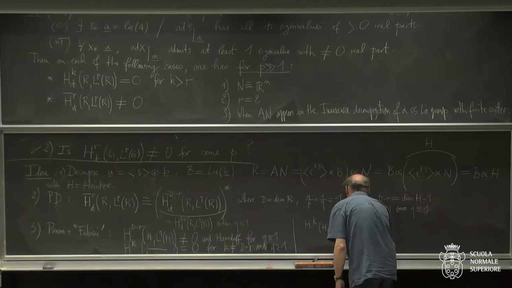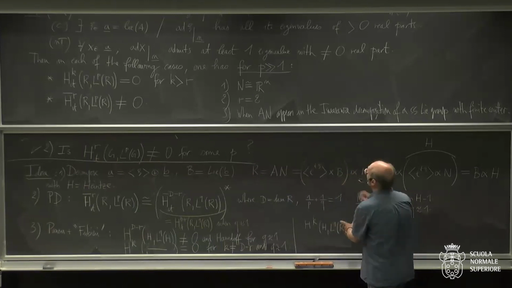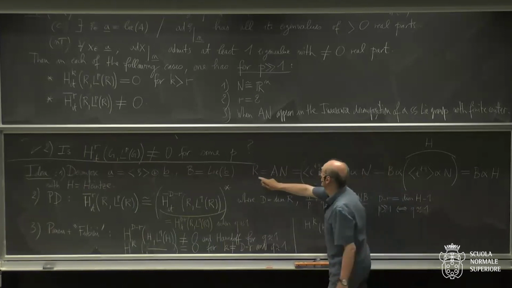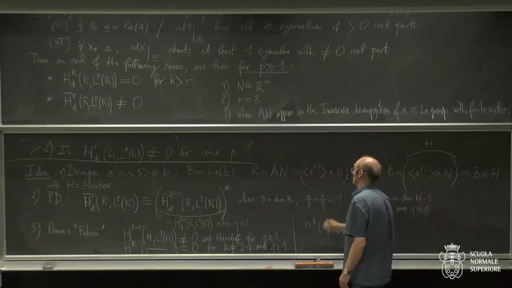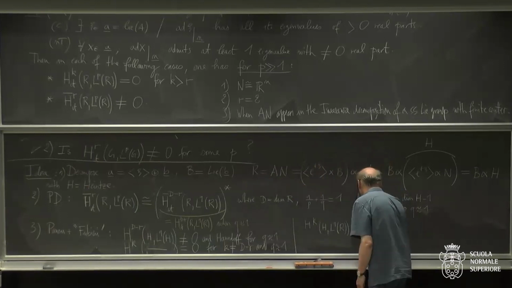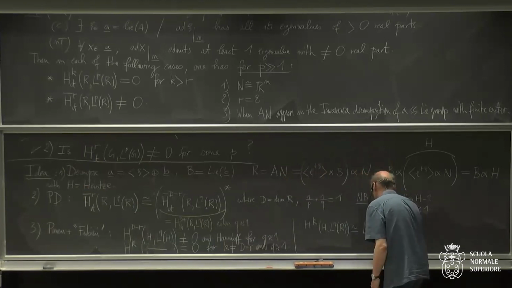So this is isomorphic to, so R, I decompose it as a product of A with N, and I use Fubini in some sense.